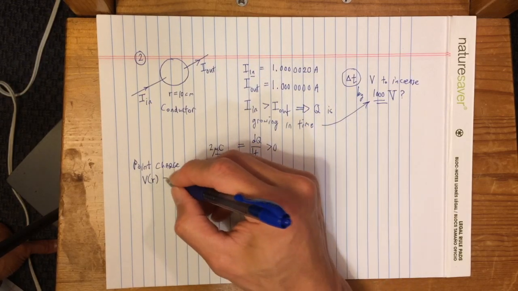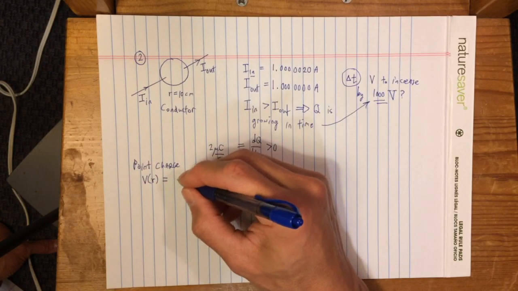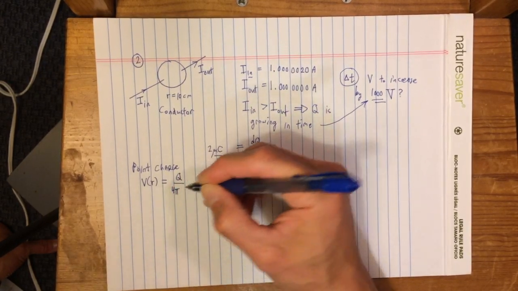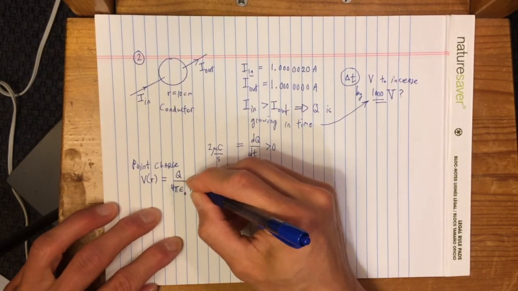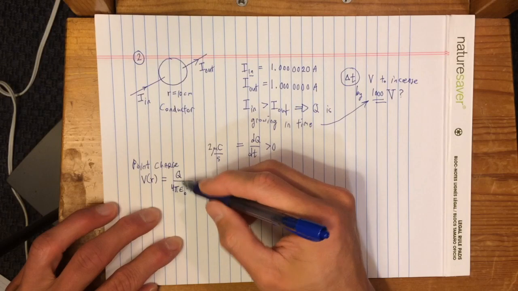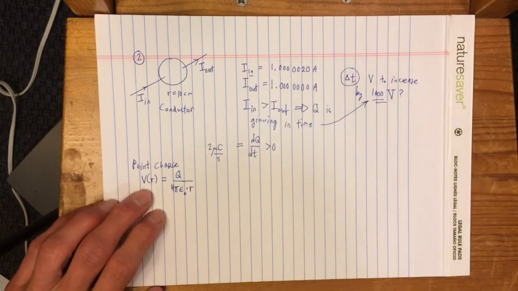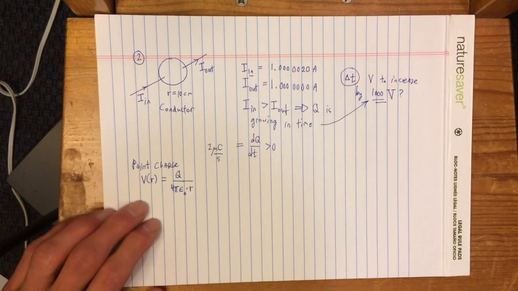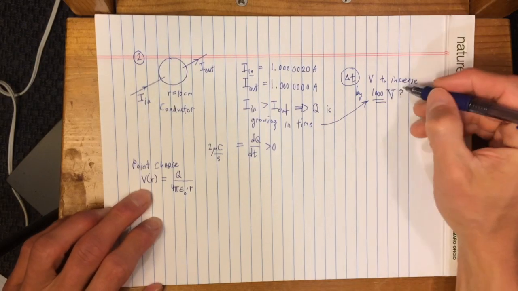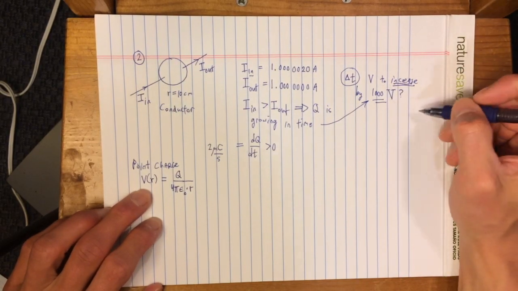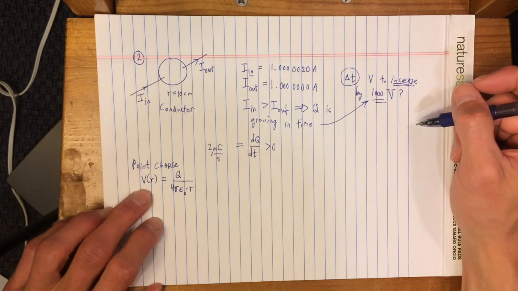But how does this potential go? It goes Q over 4 pi epsilon naught times R, all on the bottom. So charge over that. And this is the type of potential that could have the value 1,000. But it says it's an increase by 1,000 volts.